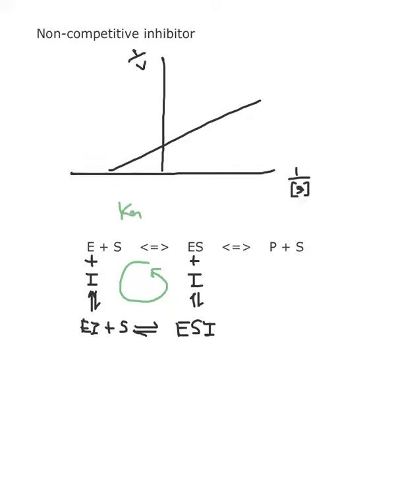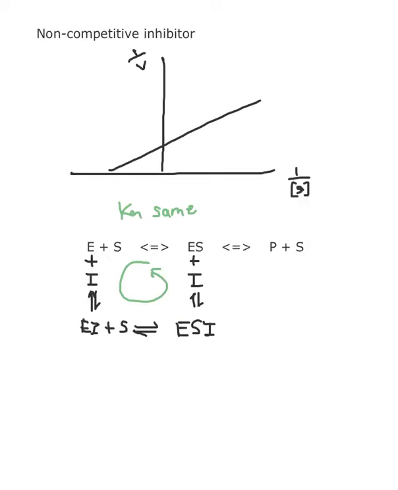Km would still be the same. It will not change the Km because your substrate can still bind to your enzyme at the same rate. Your inhibitor doesn't compete with the binding. So the affinity between the enzyme and substrate is still the same, correct?